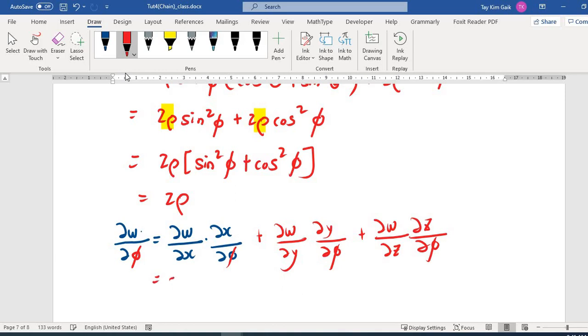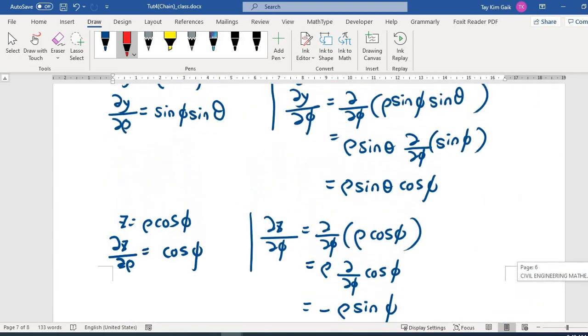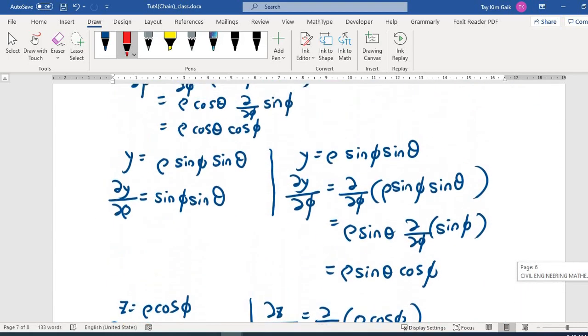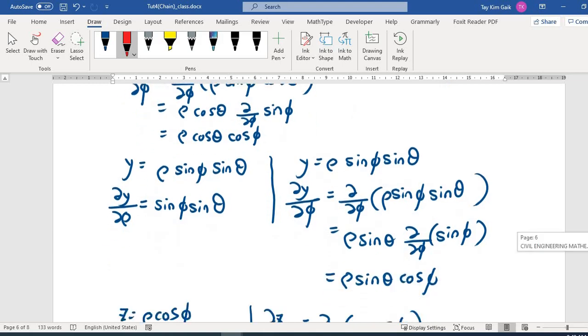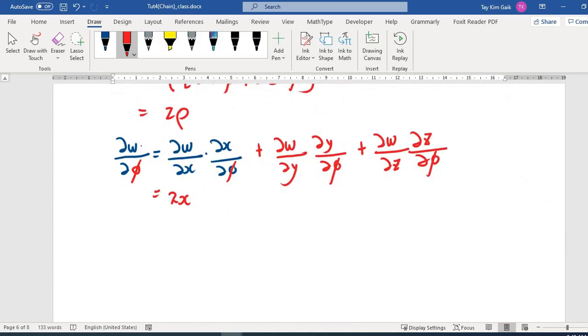Del W del x is 2x, and del x del phi is rho cos theta cos phi.